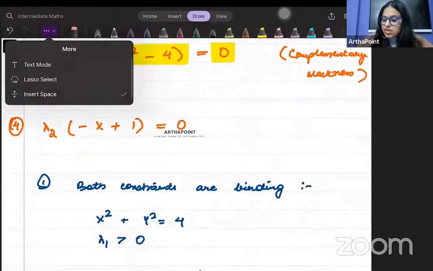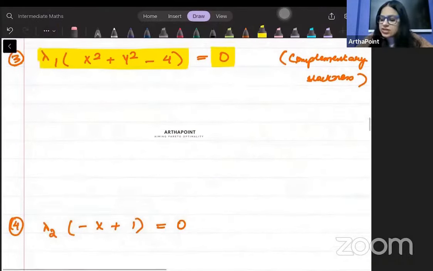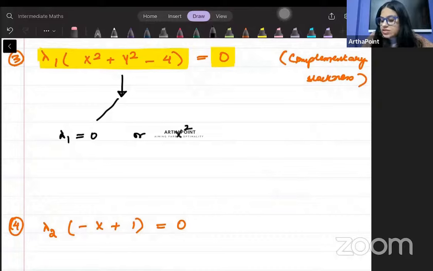But what is the meaning of complementary slackness? It says that if the product of two things is 0, it means that one of them will be 0: either lambda 1 will be 0 or x square plus y square minus 4 will be 0.